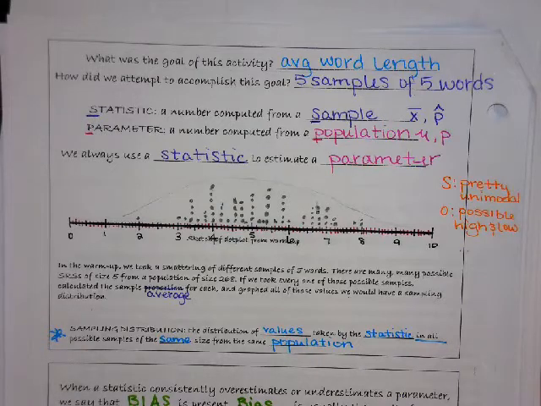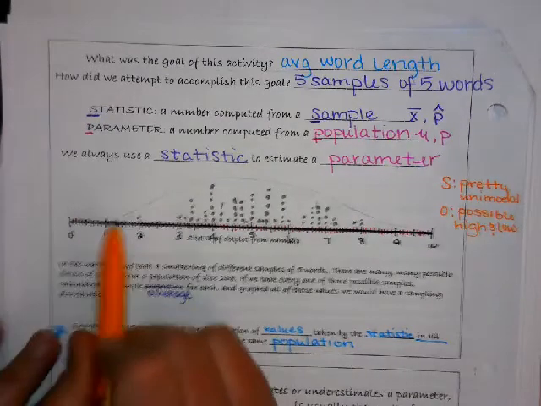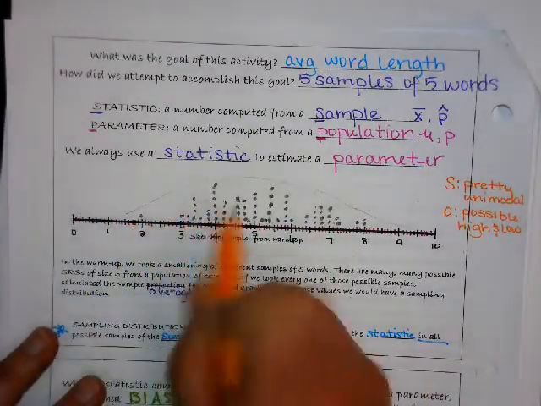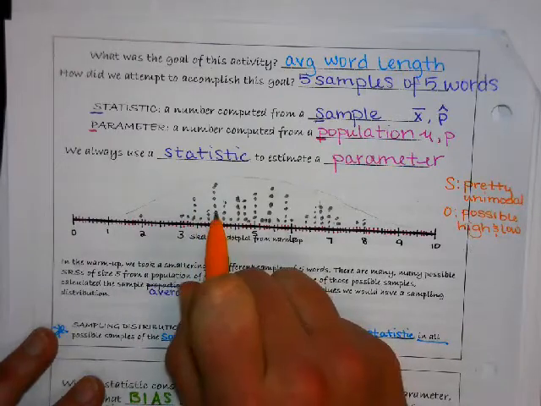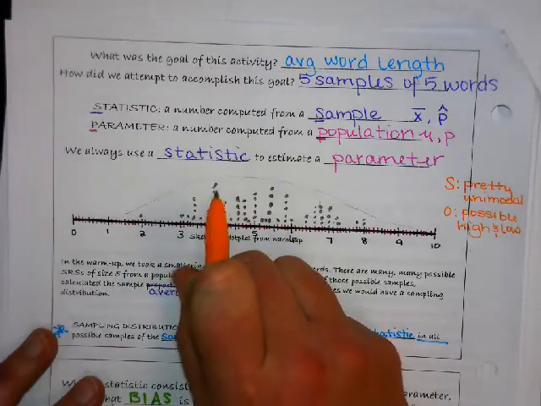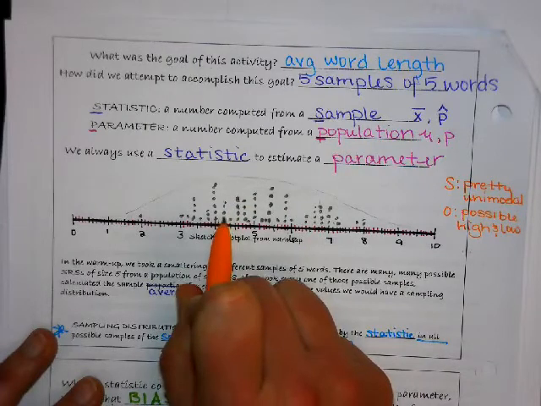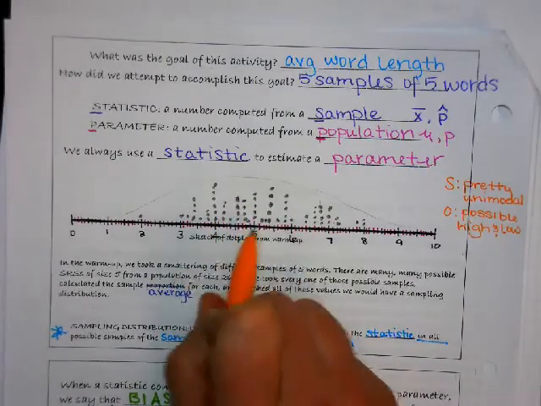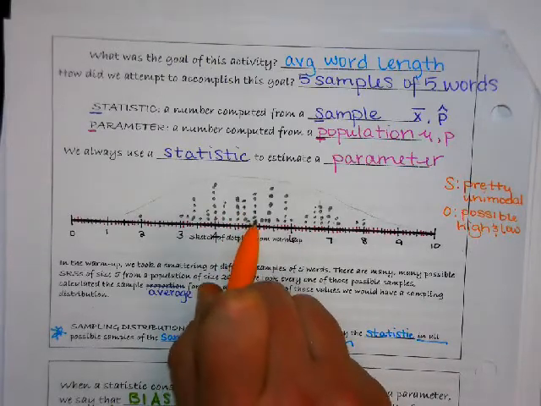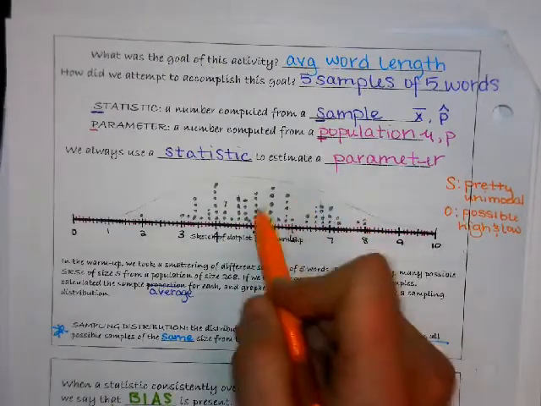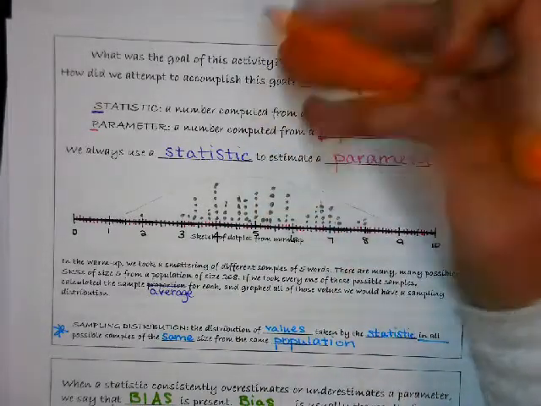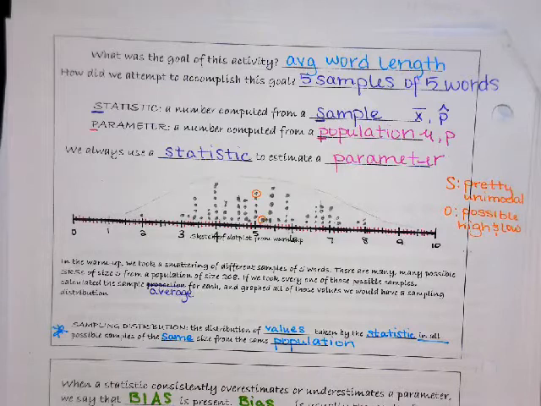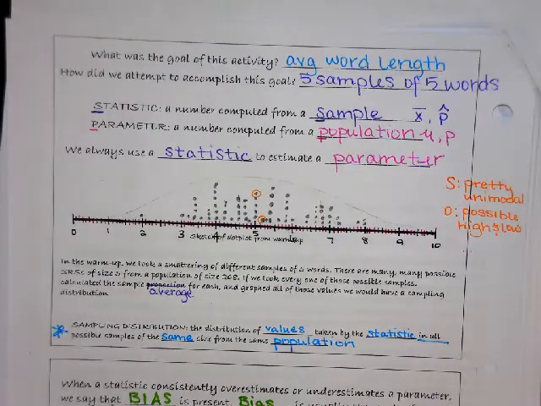So somewhere here or here would be the center, assuming we have 75 dots. So around 5, right?